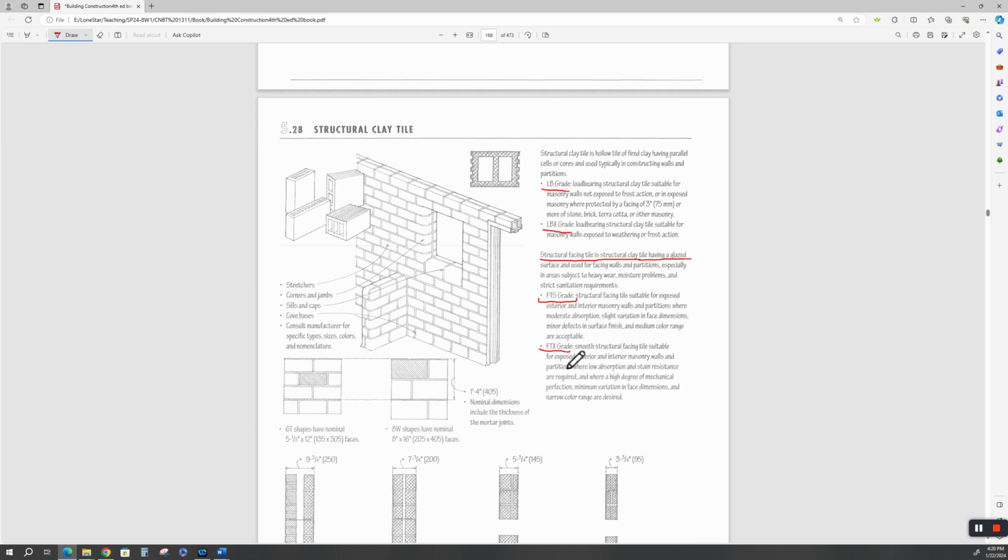The FTX grade is a smooth structural facing tile suitable for exposed exterior and interior masonry walls and partitions where you have a low absorption and low stain resistance are required, where a high degree of mechanical perfection and minimum variation in face dimensions and narrow color range are desired.